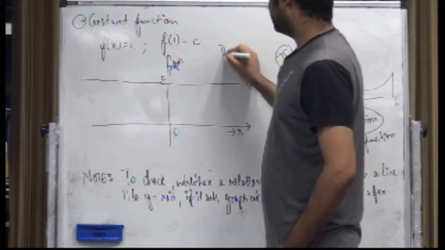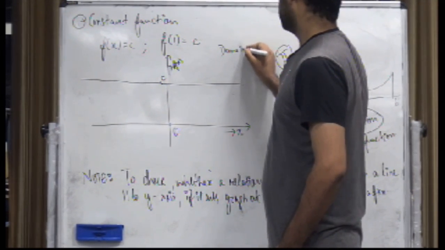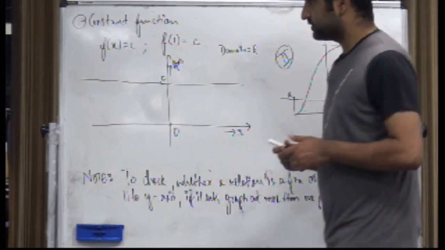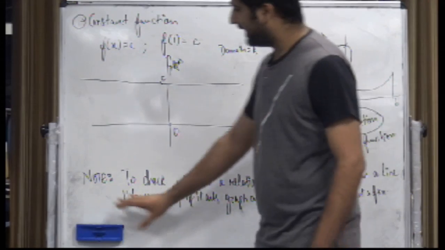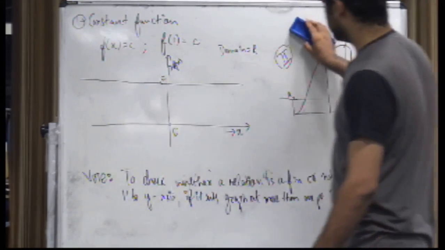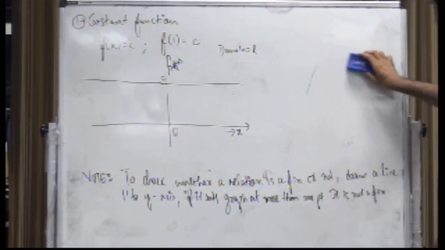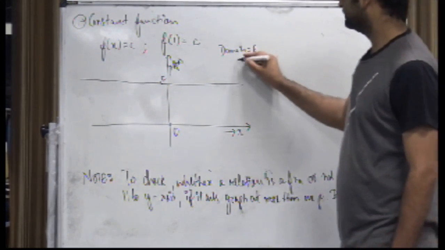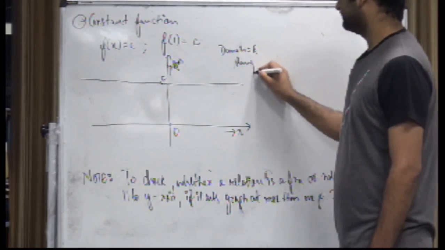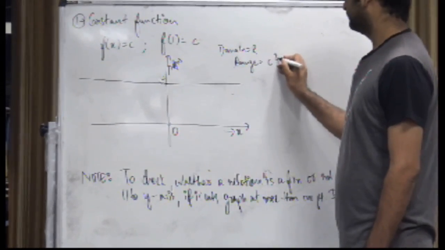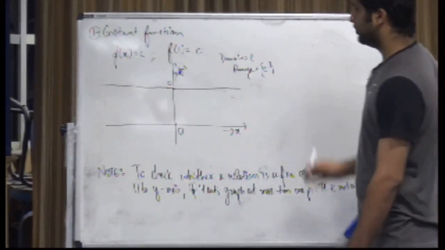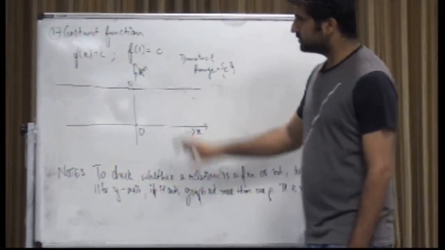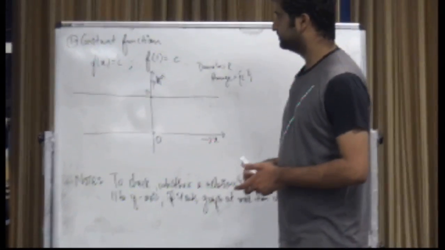The domain of this function will be all real numbers, because there is no restriction of any kind that you cannot substitute such a value or any other value. But the range, what is the range? C. Just C, because you're getting only one value for all the values of x, that is equal to C.